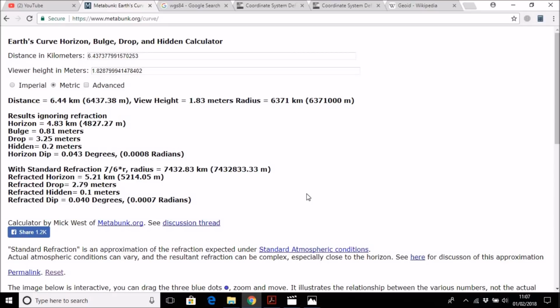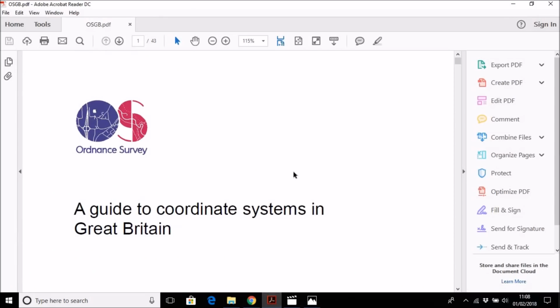So let's have a quick look at the WGS84 and what it kind of is. And I don't want to spend too much time on this because it is complicated. But I did a quick Google search, and one of the documents that I found was this Ordnance Survey Great Britain PDF document.